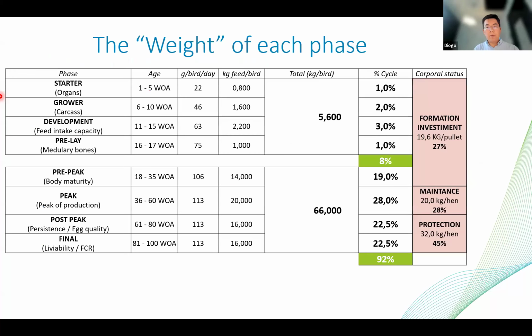So this is a simulation considering a bird from one day until 100 weeks of age. What I did, I separated the traditional feed phases: starter, grower, developer, prelay, pre-peak, peak, post-peak, and final.